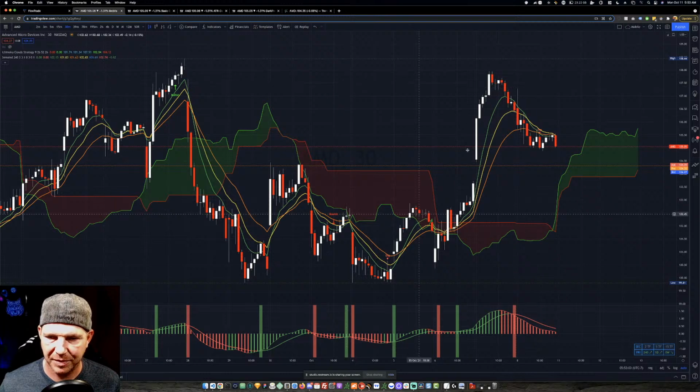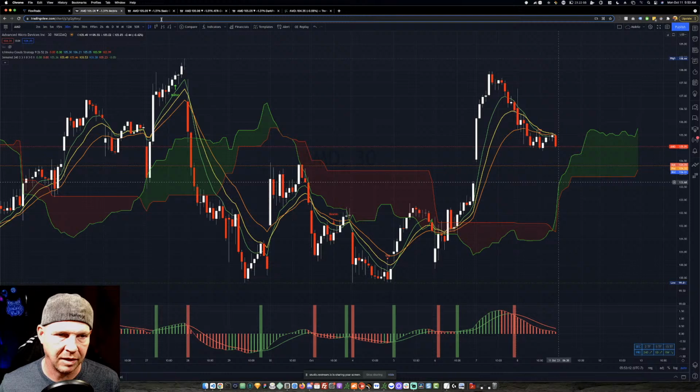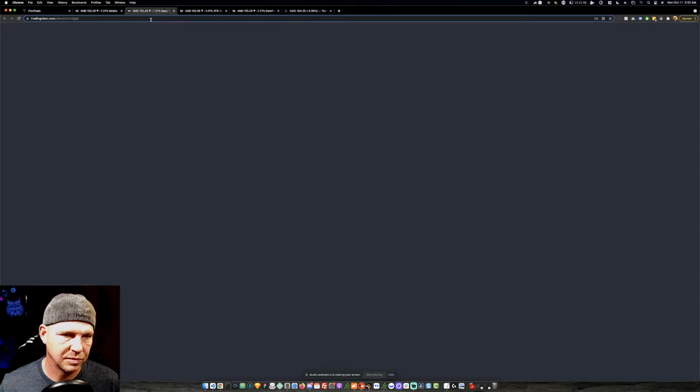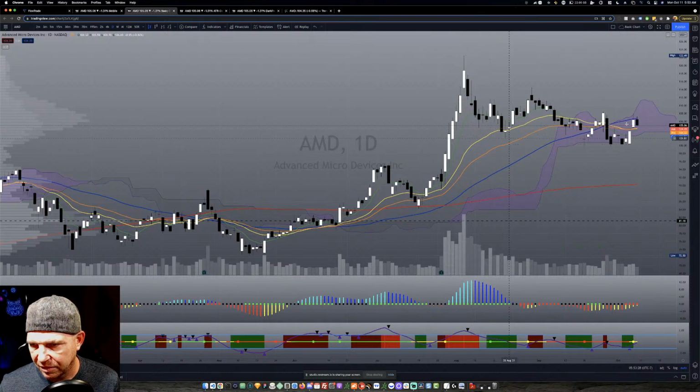Yeah, nice cup and handle. It's got room to come down to fill that gap, which it may very well do. Looking at it on the daily, right? Massive flag. That's what it's doing, just flagging out. We're below the 50-day on the daily. That's a little sketchy.